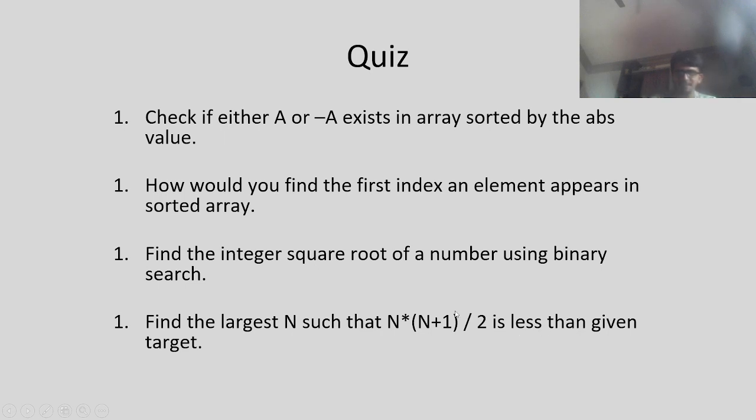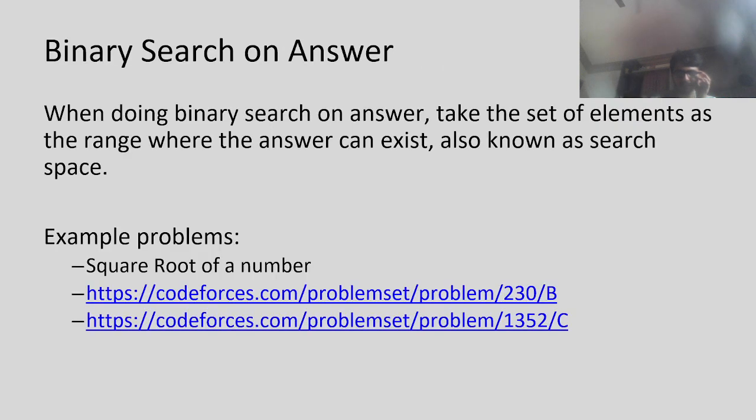So this n is our answer, and we must know the search space. The search space would be from 0 to that given number. Yes or no? So that is what it is telling.